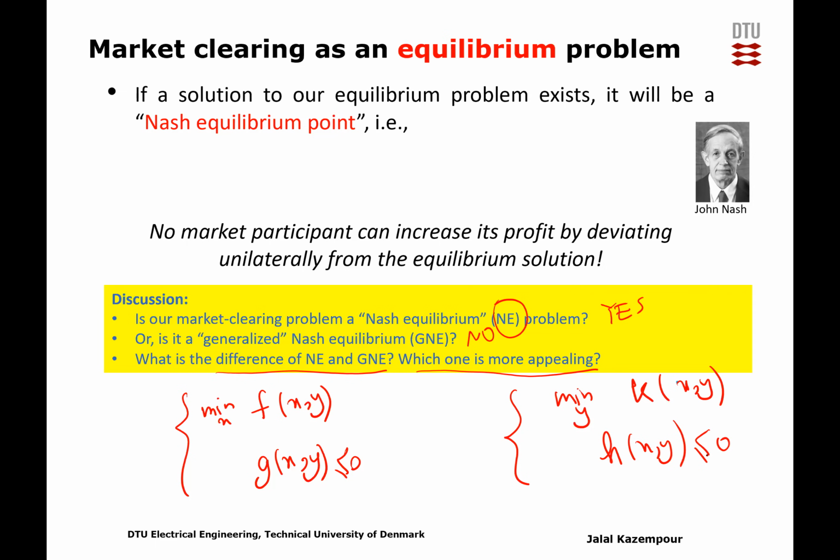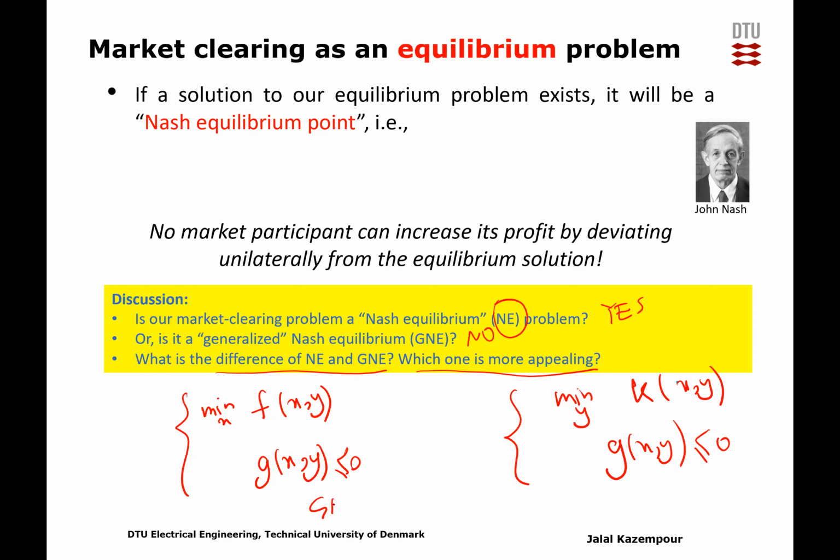Just for your information, if I make h equal to g, is it still a generalized Nash equilibrium? So the constraints are common. Is it still a generalized Nash equilibrium? Yes.